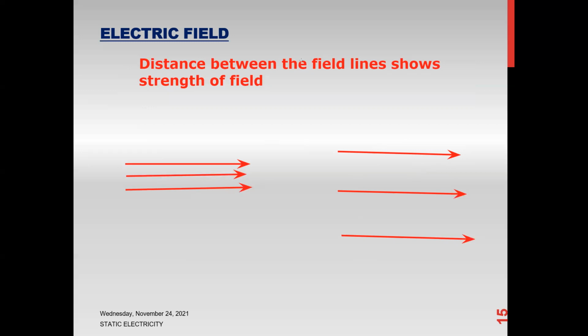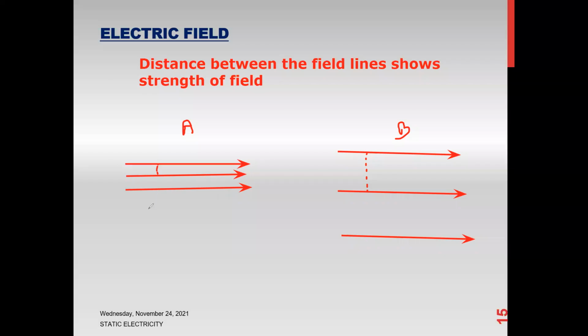So what does it show, which one is the stronger field, A or B? The distance between the field lines shows the strength. If the field lines are closer, stronger. If the field lines are away, weaker. So which is the stronger electric field here, A or B?